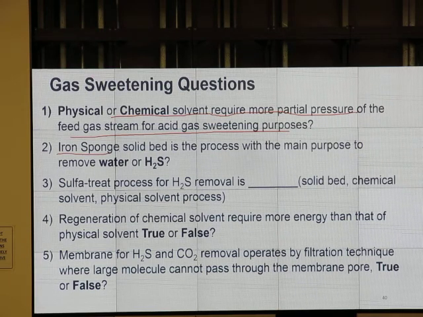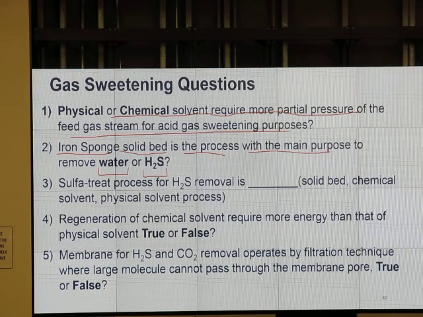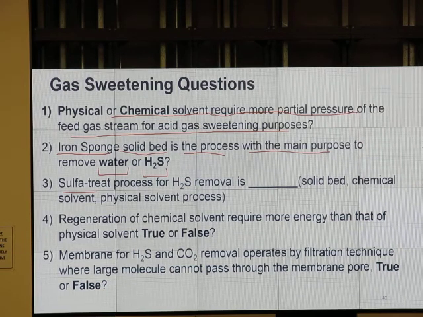Iron sponge solid bed is a process with the main purpose to remove water or H2S. Correct. Sulfur treat. Okay, next is Kai, right? What's your name? Kai what? Harrington. Okay, Kai. Sulfur treat process for H2S removal is what? Solid bed, chemical solvent, physical solvent process.